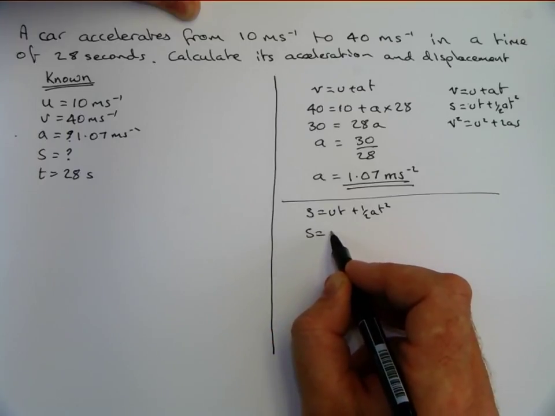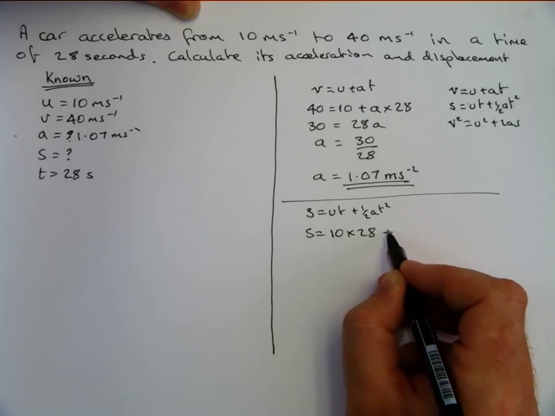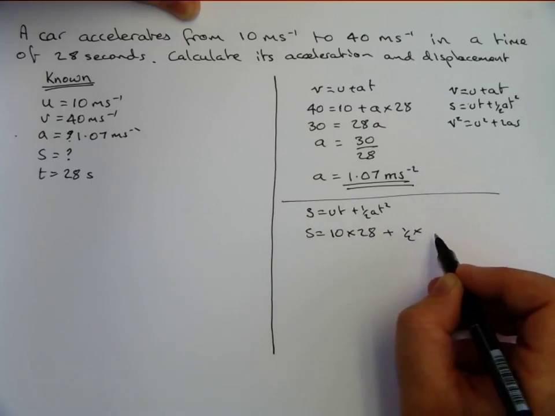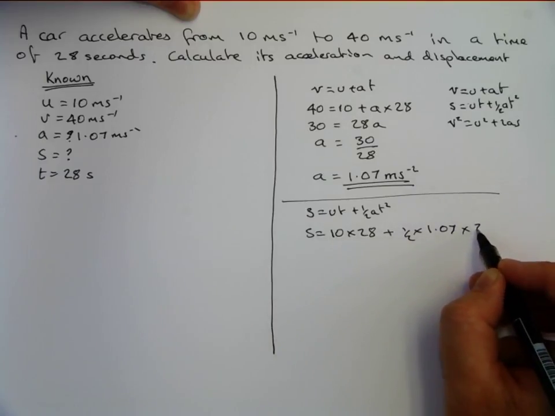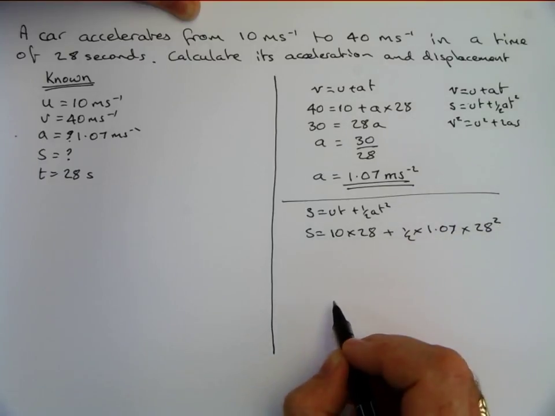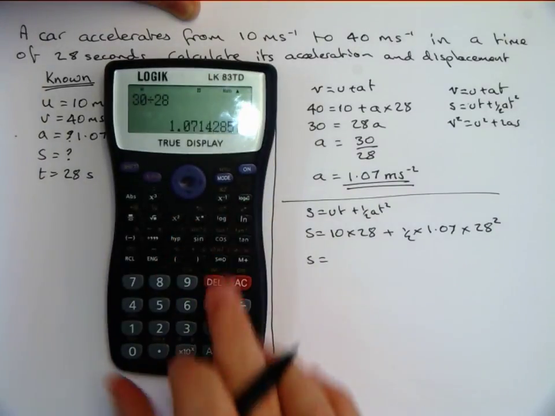So U is 10, T is 28, the acceleration is 1.07 times 28, that's squared. So now we use a calculator again. Let's clear that.